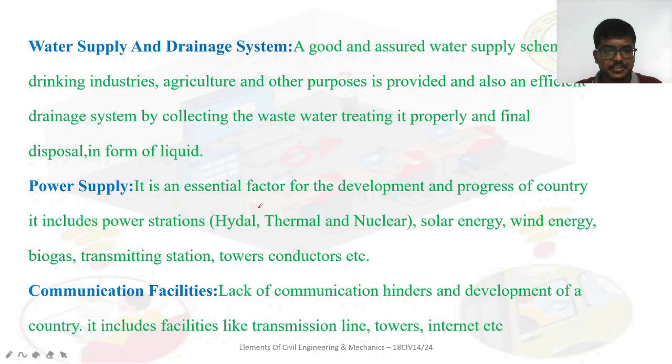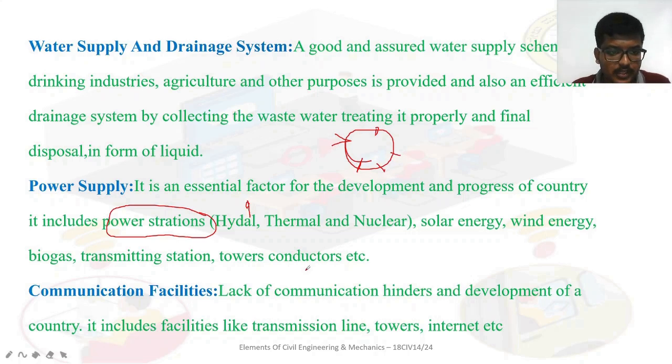It includes power stations. Power stations are built by the construction industry. Indirectly, from the power supply power is generated and it is again transferred. It is a cyclic process and every point is important for the economic development of a country.